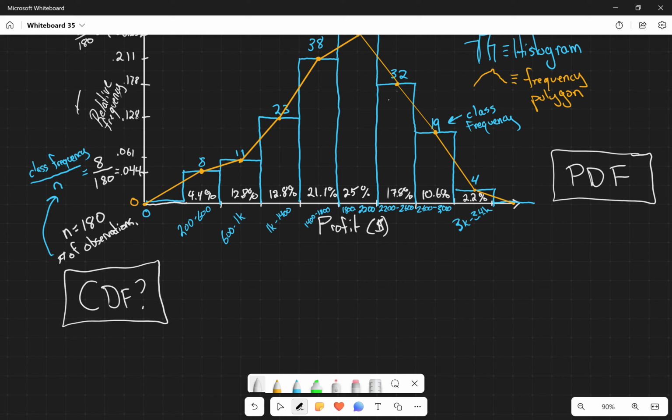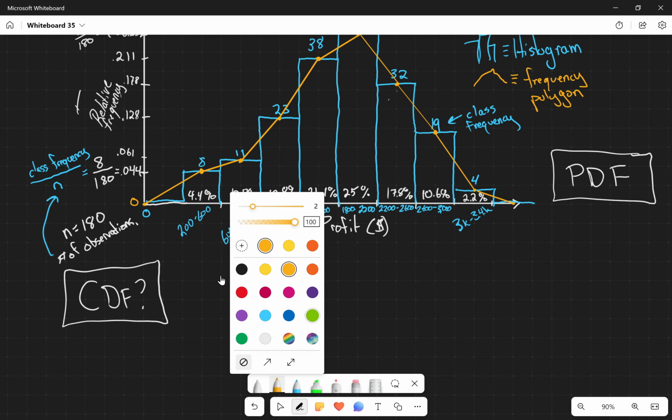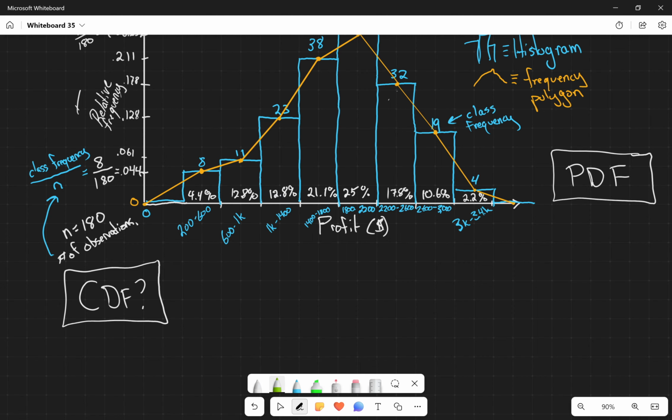So what we're going to do is start a new table real quick, and we are going to say, okay, what if the profit was less than 600? What is my cumulative frequency?